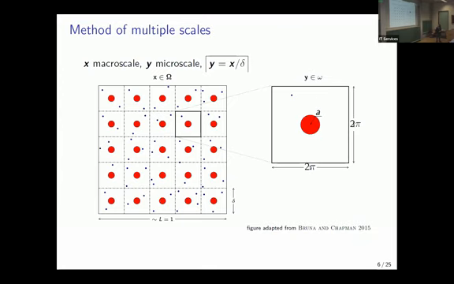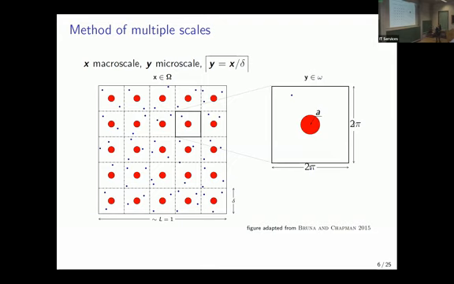And then one can employ the method of multiple scales, which has the advantage that these kinds of results can be rigorously verified. And what one sees is that you have two scales. One is the macroscale, the scale over which the scalar evolves at large times, and one is the microscale, which is basically what happens within the cell obtained from the period of the background medium.